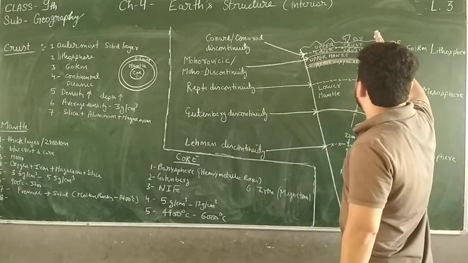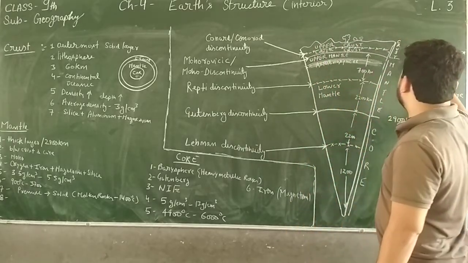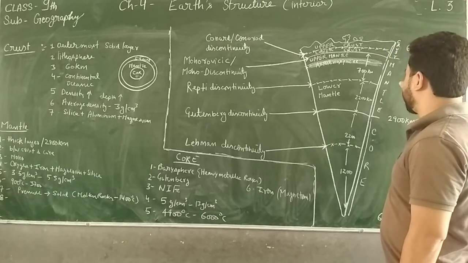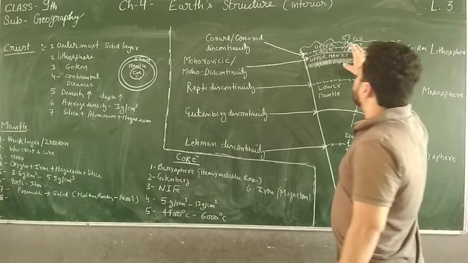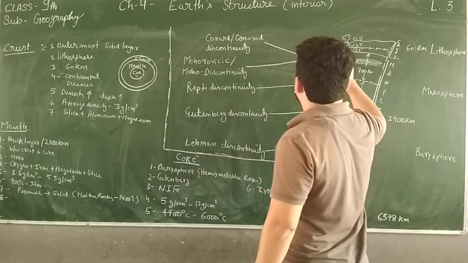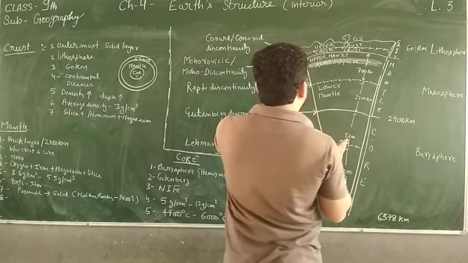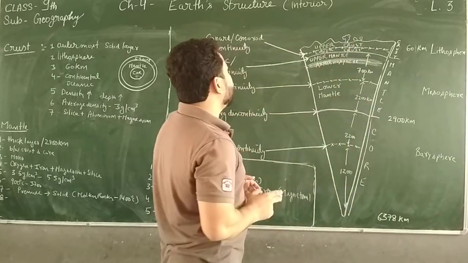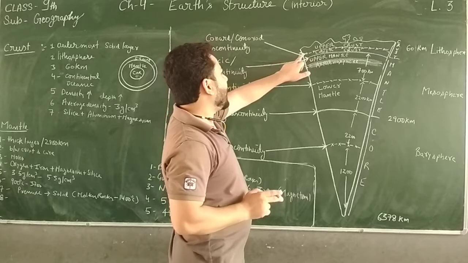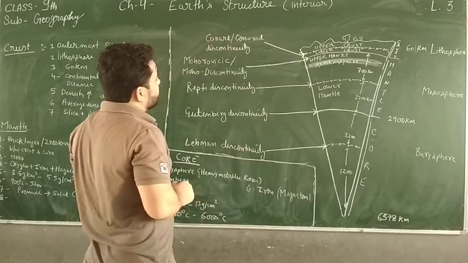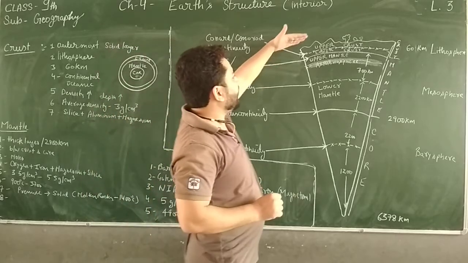Now here we are having crust. We have categorized crust into two parts, upper crust and lower crust. The region where the properties of upper crust change with the lower crust is called Conrad or Conrod discontinuity.